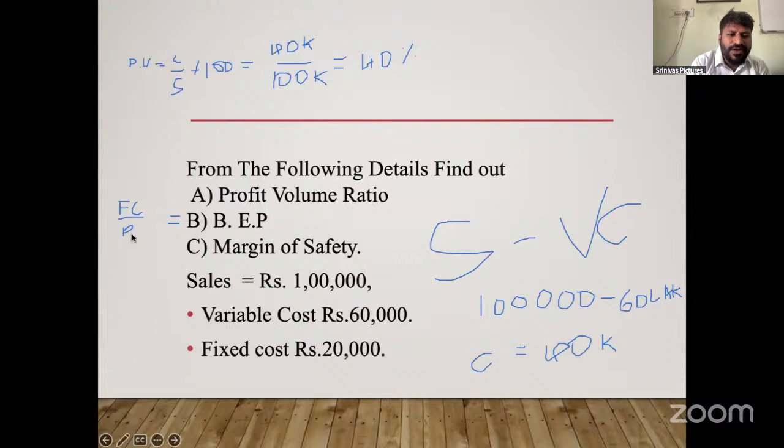PV ratio is what was previously calculated. Fixed cost is equal to 20,000, PV ratio is equal to 40%, that is 0.40. That is equal to 50K, 50,000.